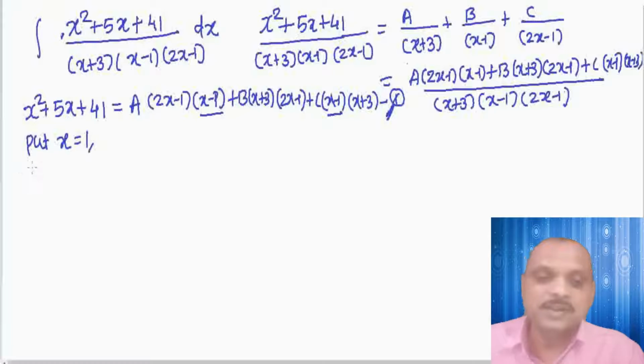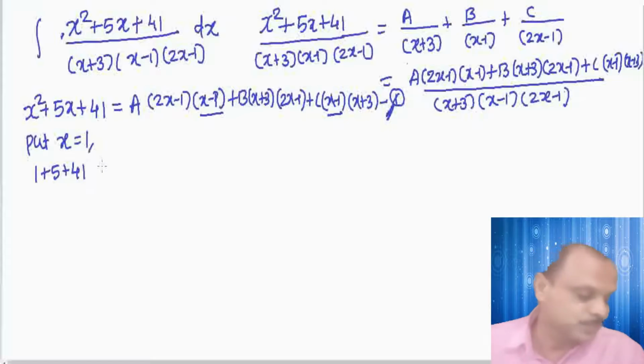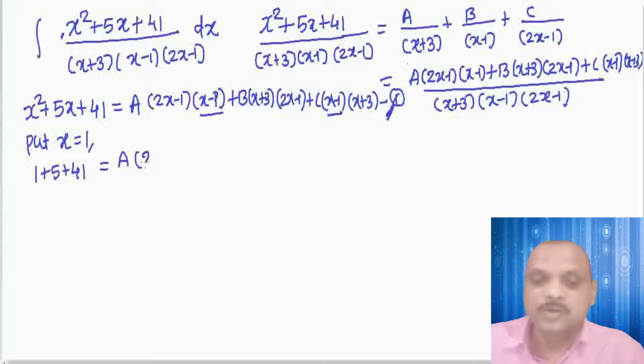On the left we have 1 plus 5 plus 41, equal to B into 1 plus 3, that is 4, and 2 minus 1, that is 1. This gives B equal to 41 plus 5, 46, plus 1, 47 divided by 4.